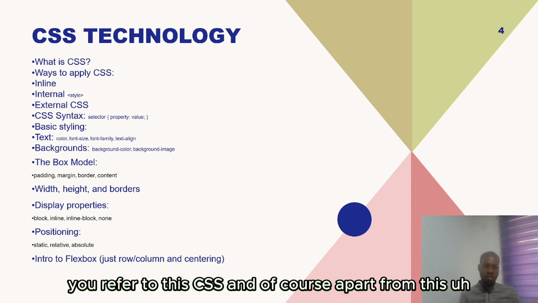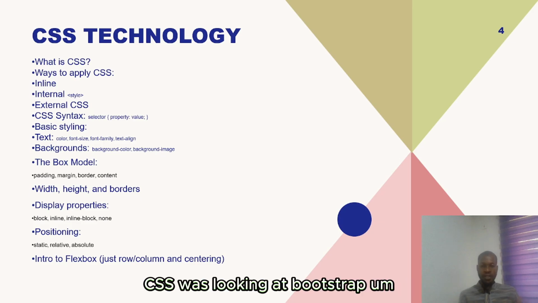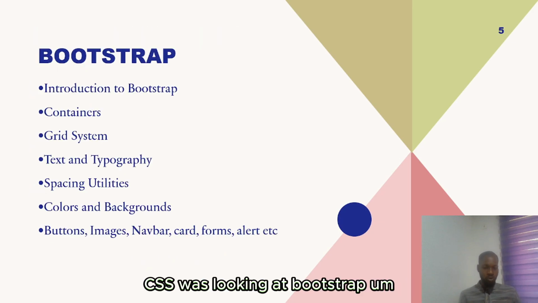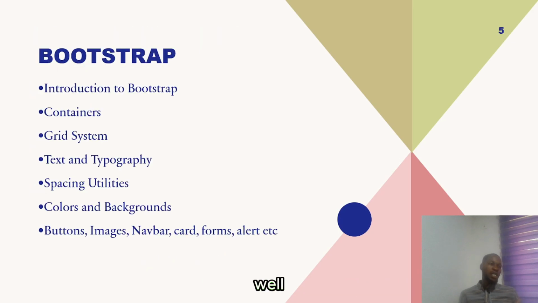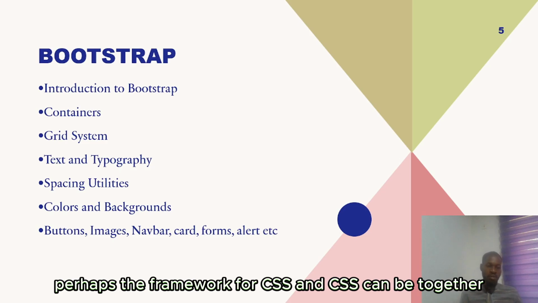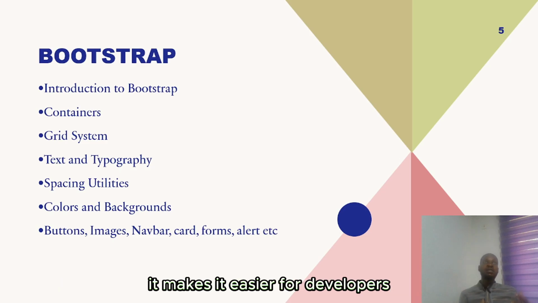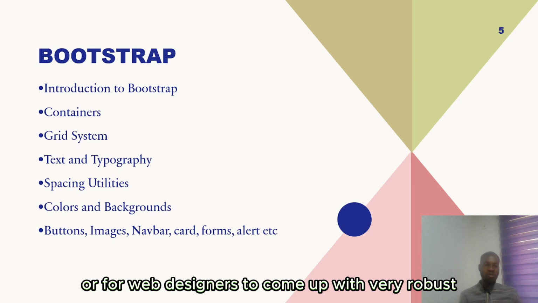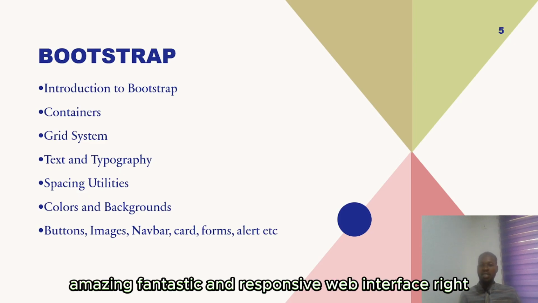And of course, apart from CSS, we'll also be looking at Bootstrap, where Bootstrap is a framework for HTML and CSS combined together. It makes it easier for web designers to come up with very robust, interesting, amazing, fantastic, and responsive web interfaces, right?